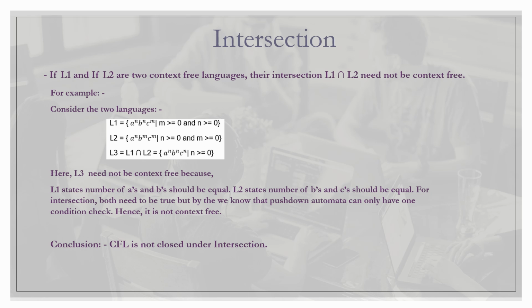For intersection, we need to check both the conditions. That's what intersection is, proving both the conditions to be true. But since we know a push-down automata has the capability to check only one such condition, we can safely say that the expression is not context-free. Concluding, CFL is not closed under intersection.